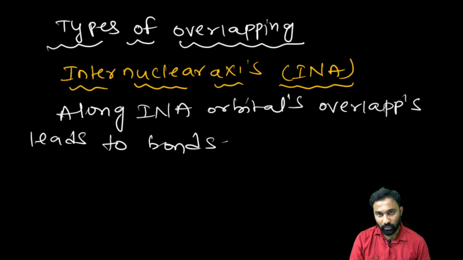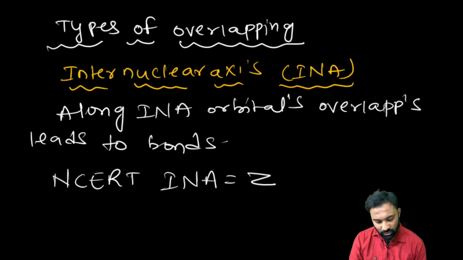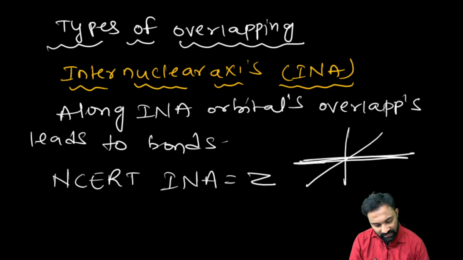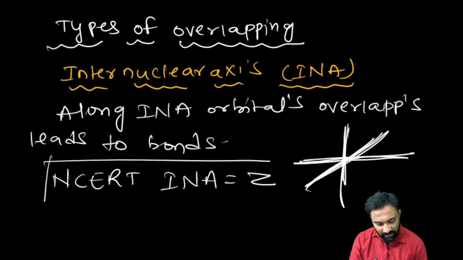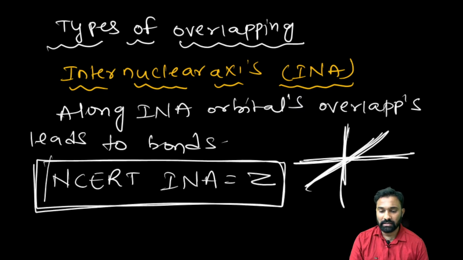As per the NCERT, the INA is given as Z. So we have three axes: one Z axis, one Y axis, one X axis. Among these three axes, as per the NCERT, INA is the Z, so we are also taking it as Z only.